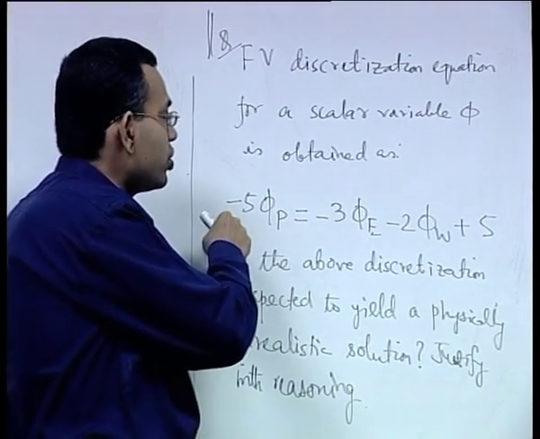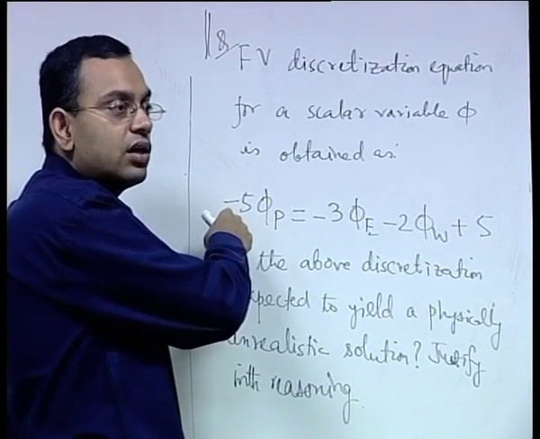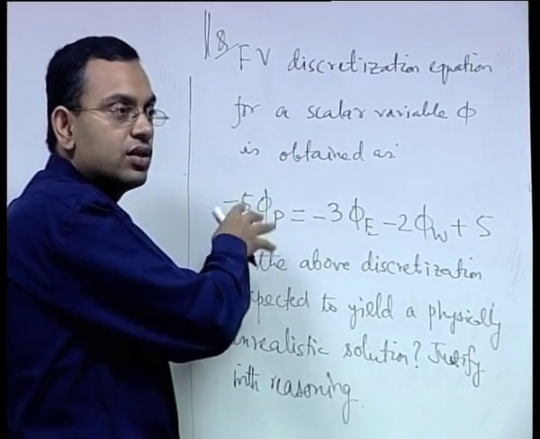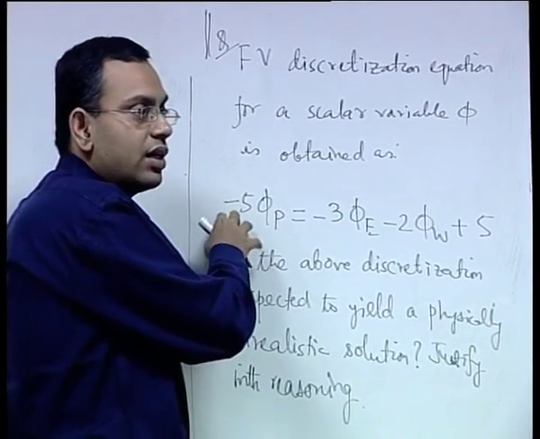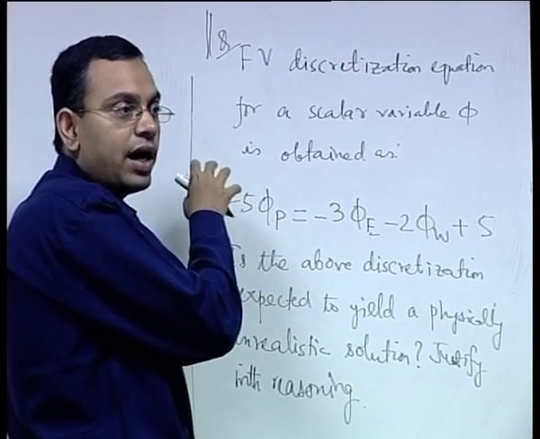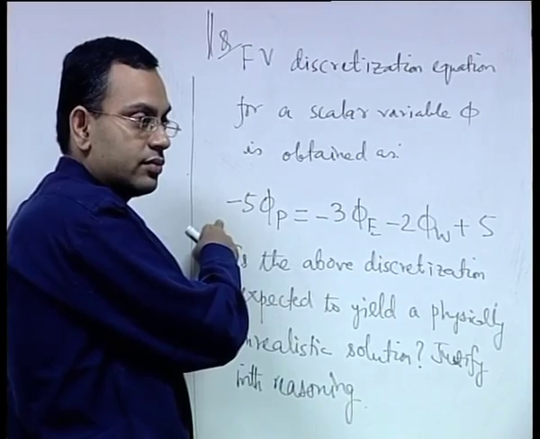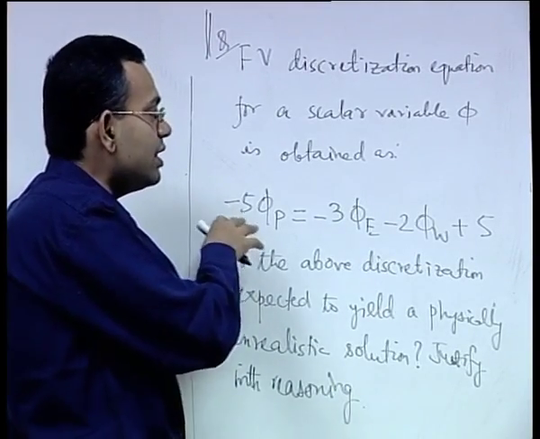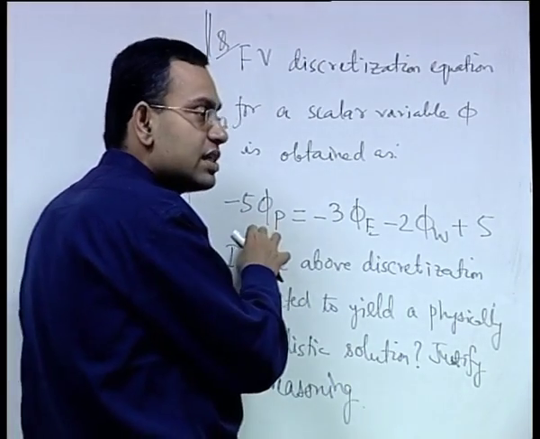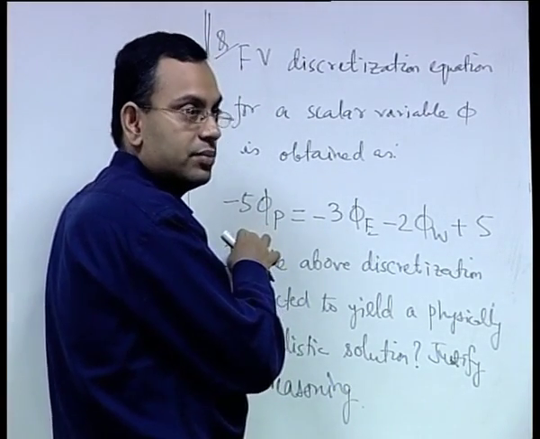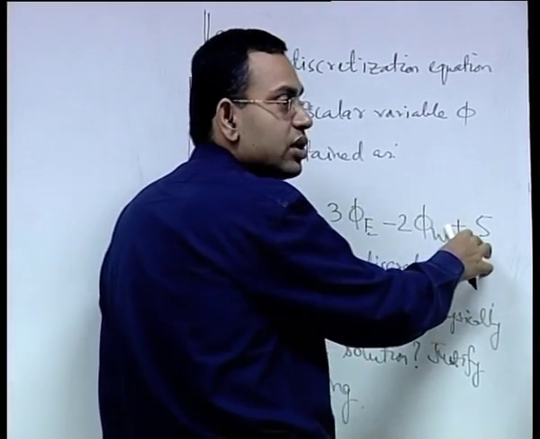It is not told whether this is discretized on the basis of a one dimensional steady state heat conduction, with constant property, variable property, nothing about the physics of the background information based on which this equation is derived. But we can understand that at least it is a steady state problem, it is a one dimensional problem, and there is some source or sink.